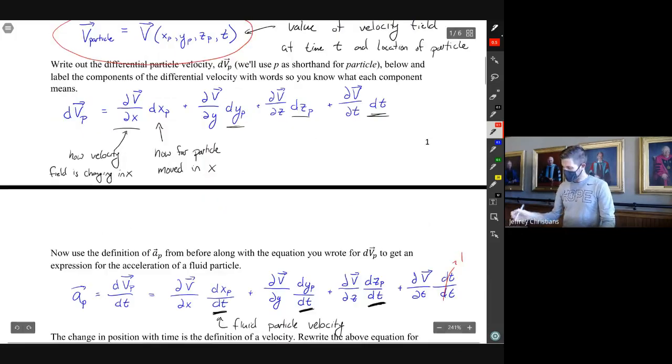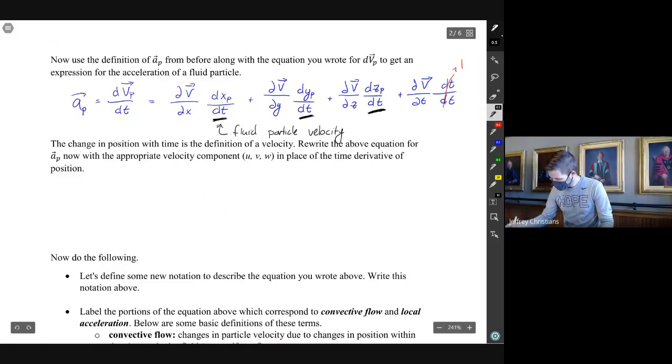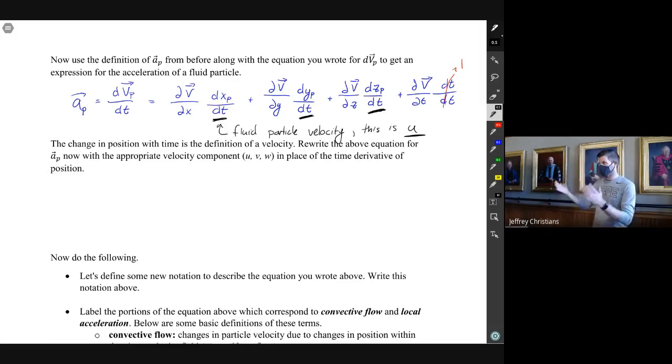So we can rewrite this equation. That's by definition u, the x component of the velocity, again at that position.